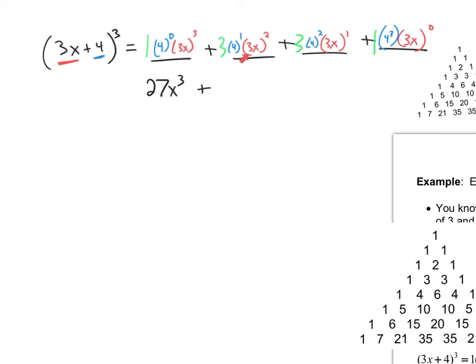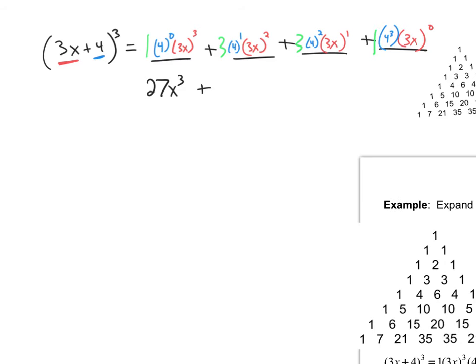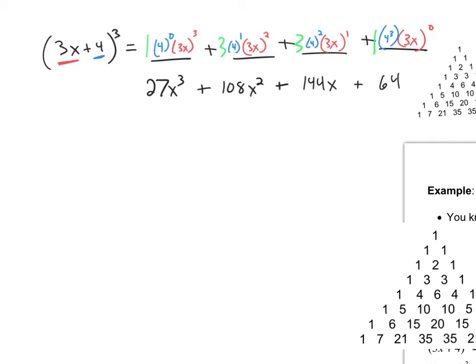So when I look at that, I got 9 times 4 is 36, times 3 is 108. So I've got 108x squared, and so forth. So let's clean up the rest of them, and I'll write down what those are. So there you have the full problem worked out.